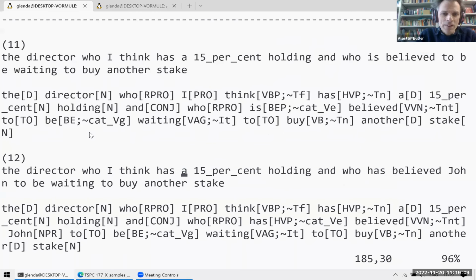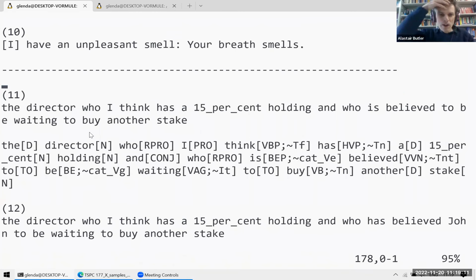Okay, so now I want to actually show you. I said already that this parser can do quite wonderful tricks, so let's show you an example which is much more interesting than the previous one. Let's parse "the director who I think has a 15% holding and who is believed to be waiting to buy another stake".